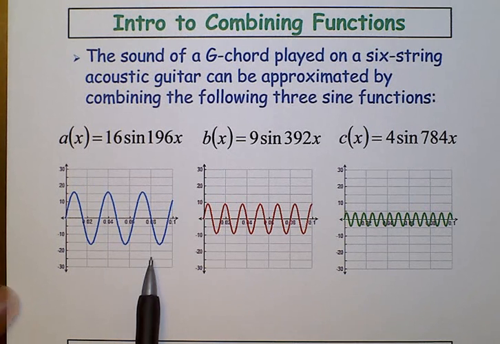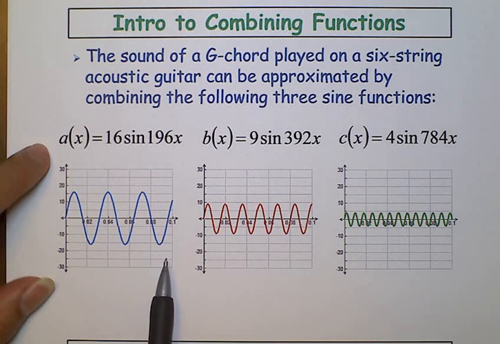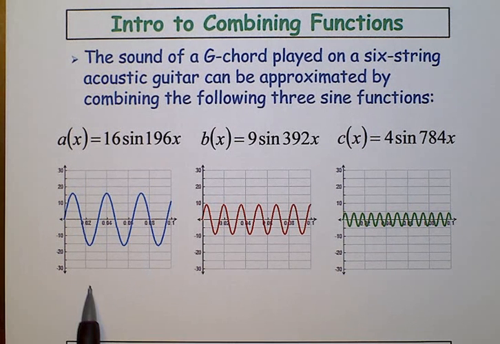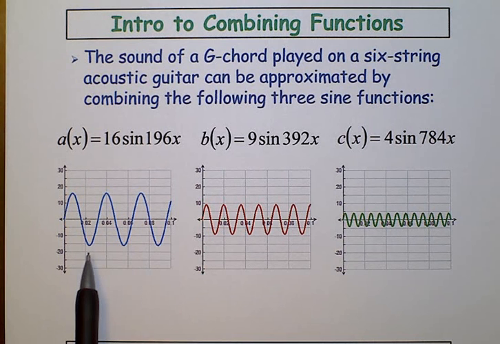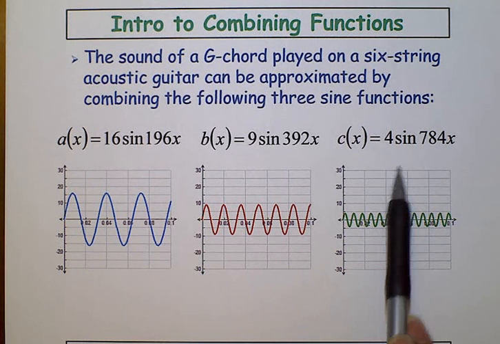The scales haven't changed, so it goes up to positive 30 and negative 30 on the vertical axis, and it goes from 0 to 0.1 on the horizontal axis for each one of these. And you'll notice that the period for the first one is much greater than the period of the last function, and the amplitude of the first one is much higher than the amplitude of the last one as well. And you can see that in those equations.